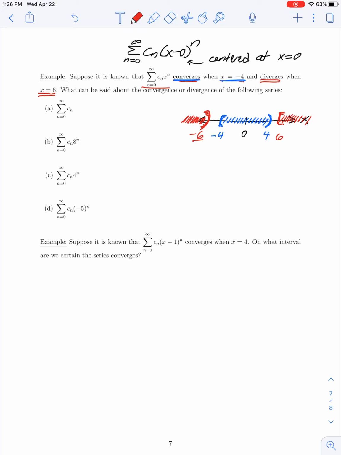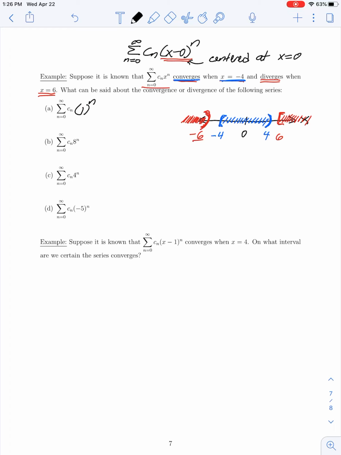So let's look at the series that we're given here. In part A, we have the sum from n equals 0 to infinity of c sub n. So here, if we don't have any term appearing after c sub n, that means that our x value would be 1. We're looking at 1 to the first power here. So maybe we could think about writing that in there.